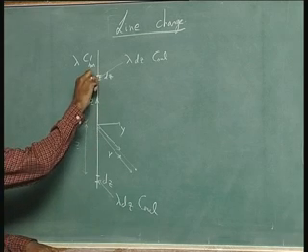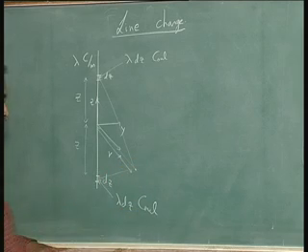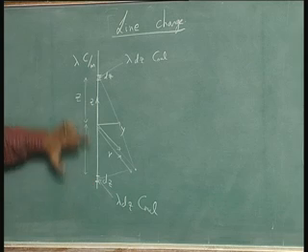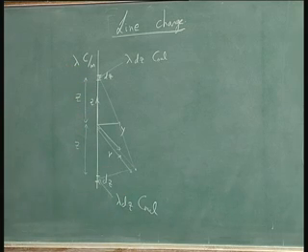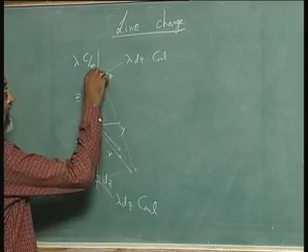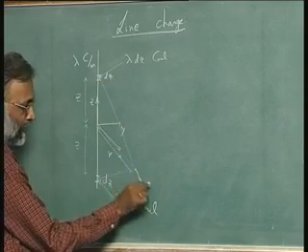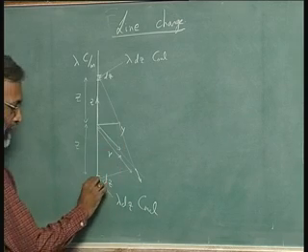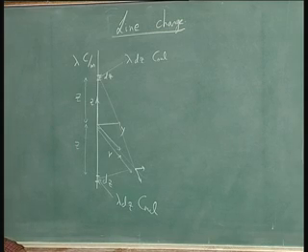Now, if I look at what kind of field these two parts of the line charge cause at this point, well, this one causes an electric field that is pointing slightly down in the xz plane, and this one causes a field that is pointing slightly up.